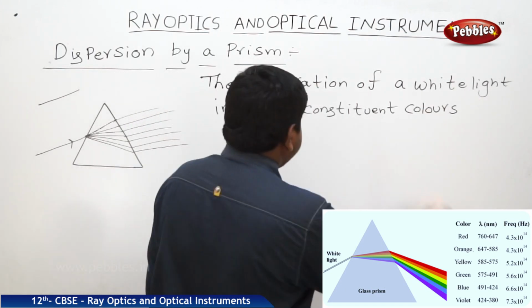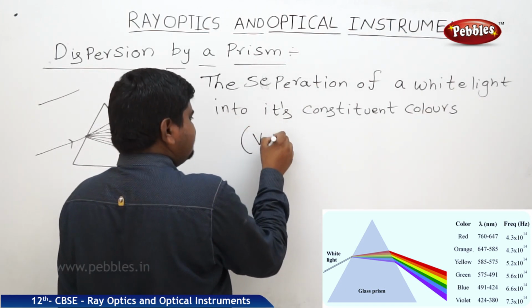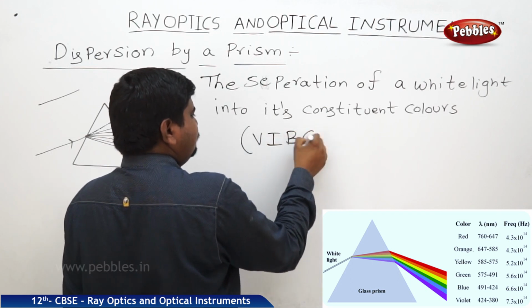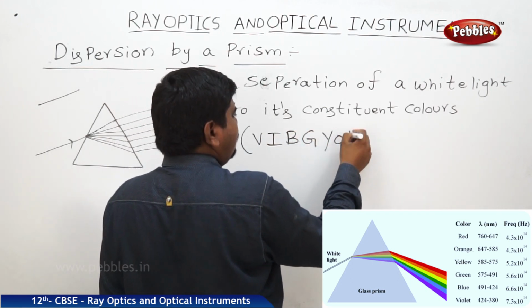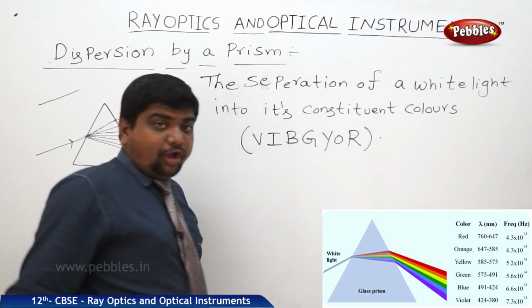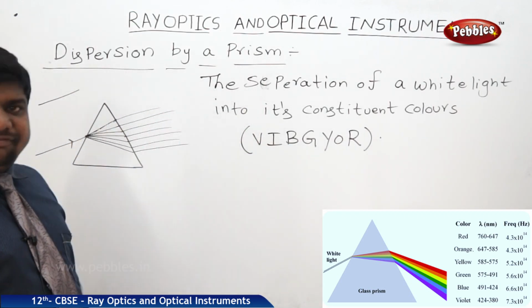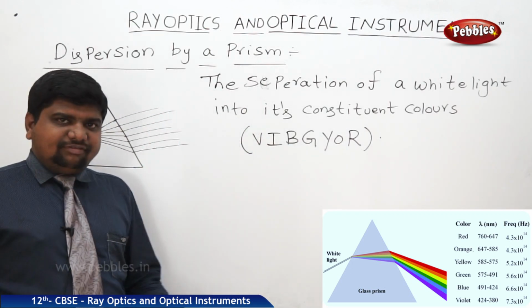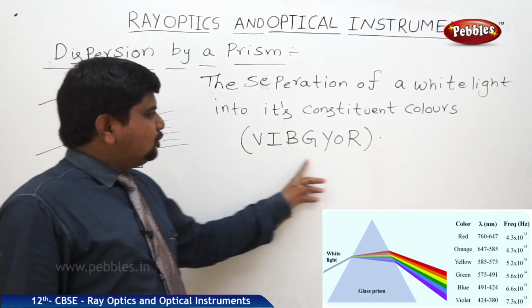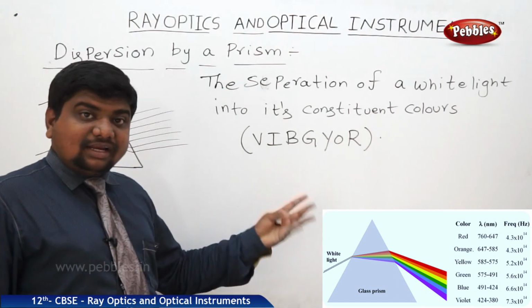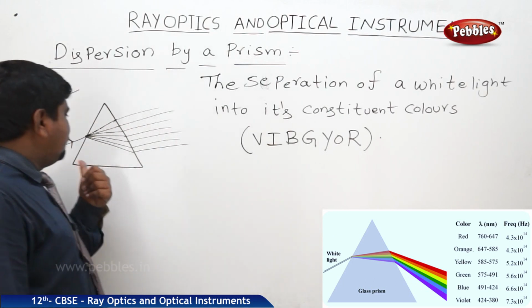Constituent colors are nothing but violet, indigo, blue, green, yellow, orange, red, VIBGYOR. 7 different colors, which have 7 different wavelengths. So this VIBGYOR means these 7 colors are collectively called white light.